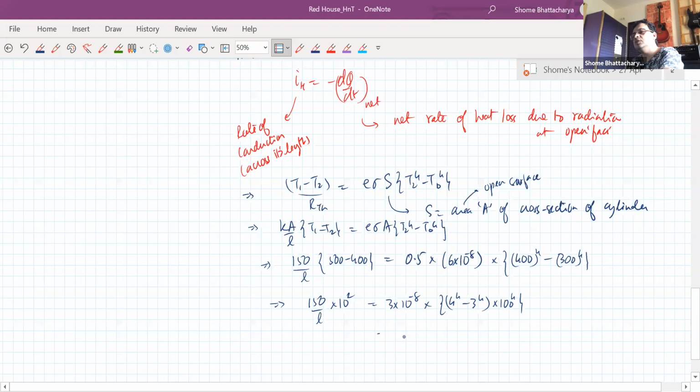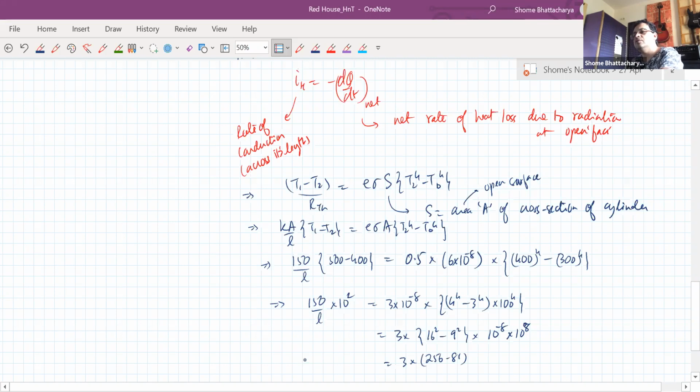So this will become 3 multiplied by 16 squared minus 9 squared. We can write it like this. Okay, into 10 raised power minus 8 into 10 raised power plus 8. So those two will neutralize each other. Okay, so we have 3 into 256 minus 81.